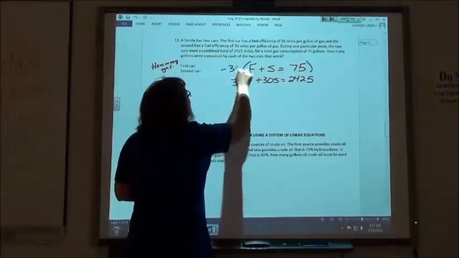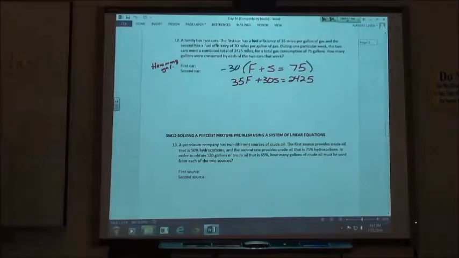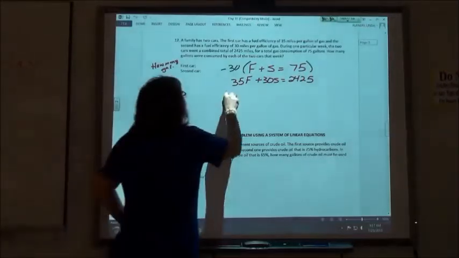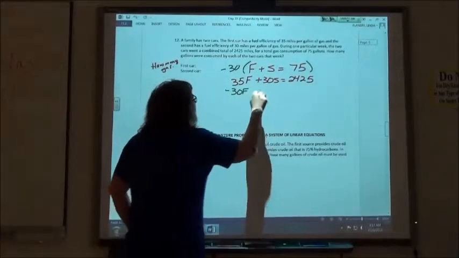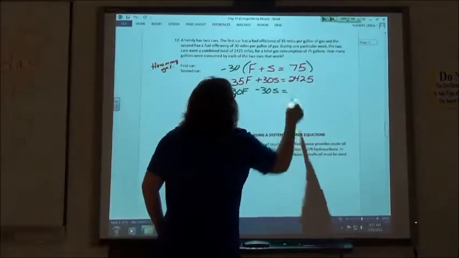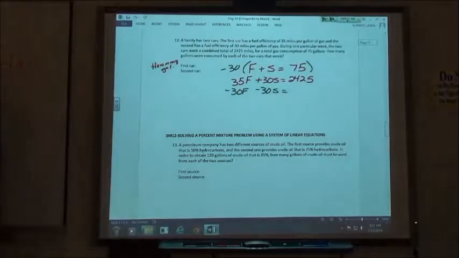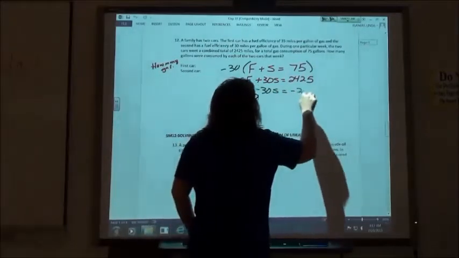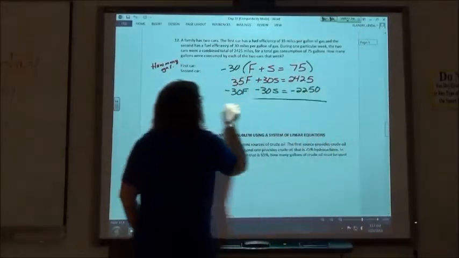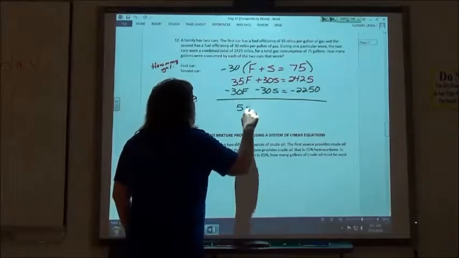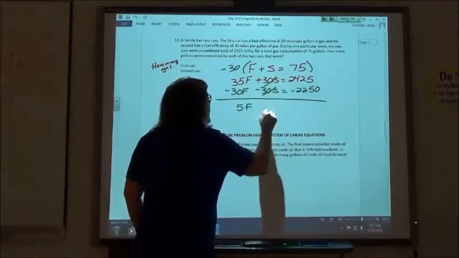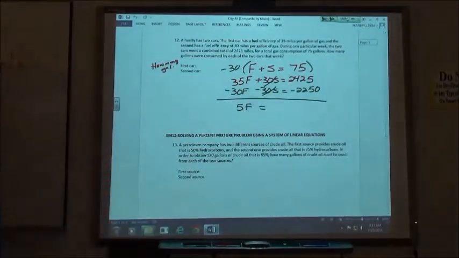If I use the smaller number, multiply everything by -30 then. -30F minus 30S is going to equal -30 times 75, -2,250. So we're going to have 5F. S's are going to cancel out. 2425 minus 2250.